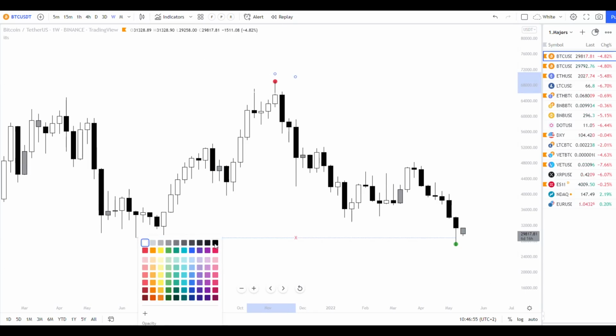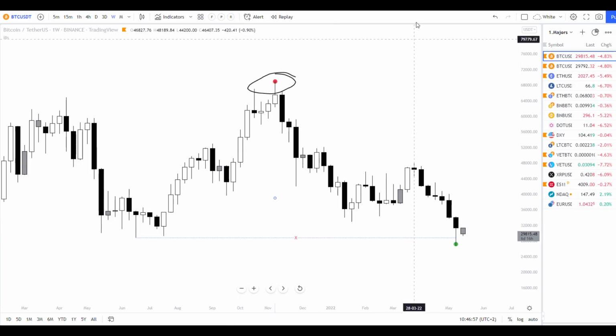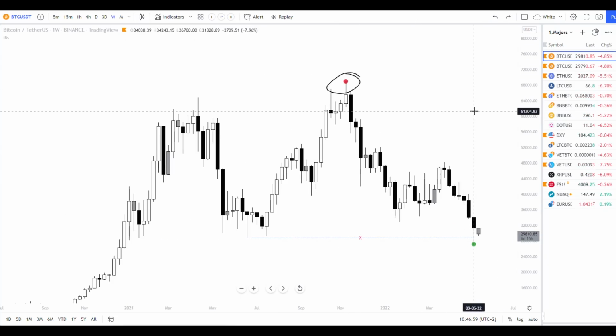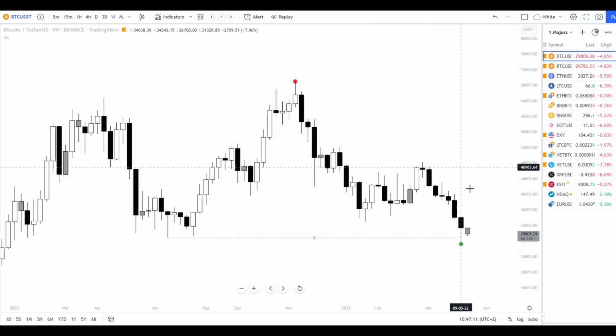Why is it not doing what I want? Yeah. We have a weekly swing high around 69, swing low last week built on 27, 26 more or less. It's also what I was expecting last week. We did break below the lows in summer 2021.